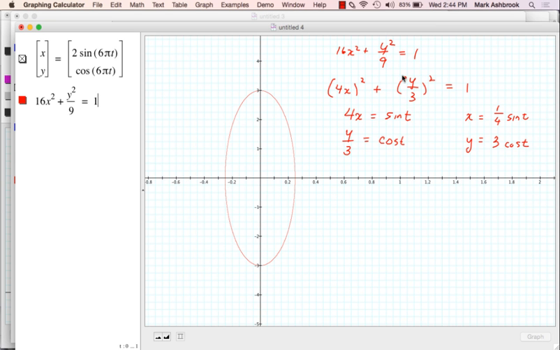Okay, what's the starting point? t equals 0 is which point? 0, 3.